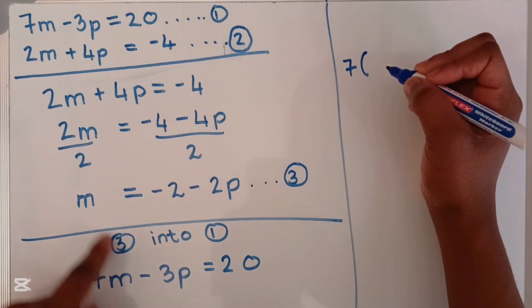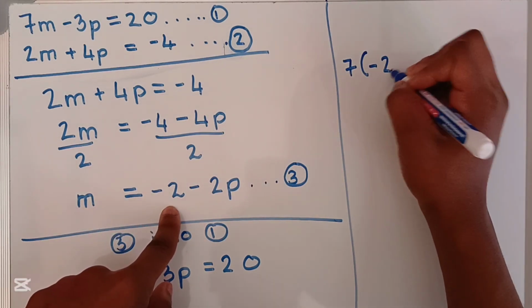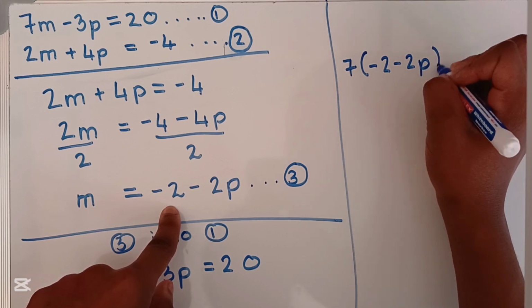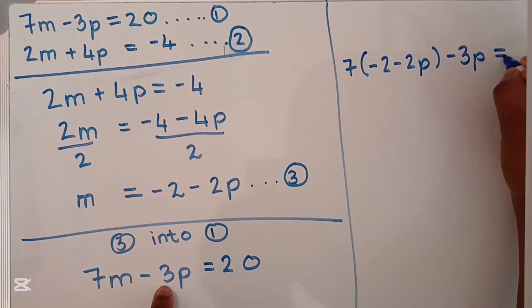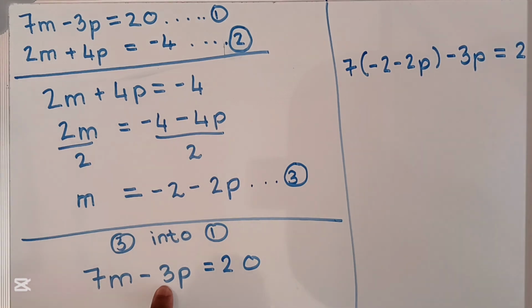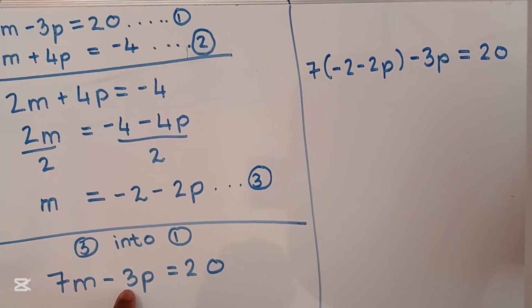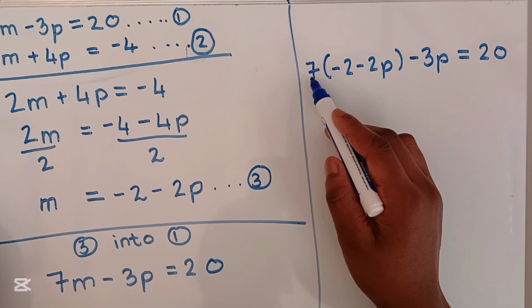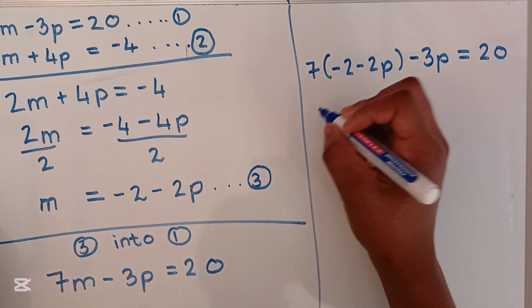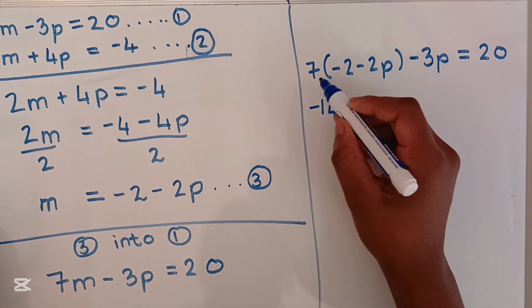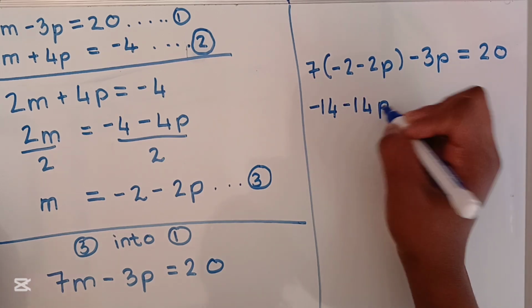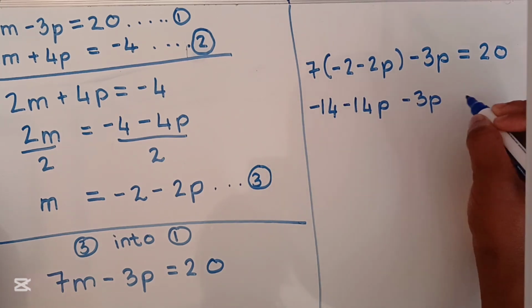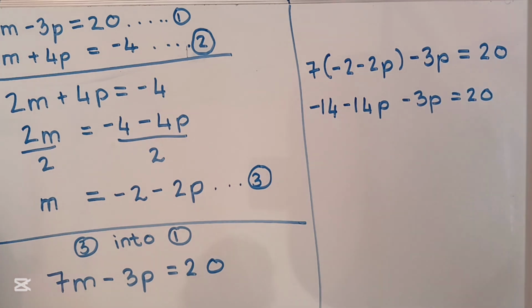7m, right? m is equal to negative 2 minus 2p, minus 3p equals to 20. Now we can solve this. 7 times negative 2 is negative 14. 7 times negative 2p, negative 14p minus 3p equals to 20.